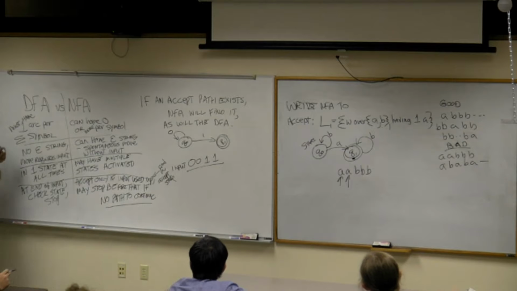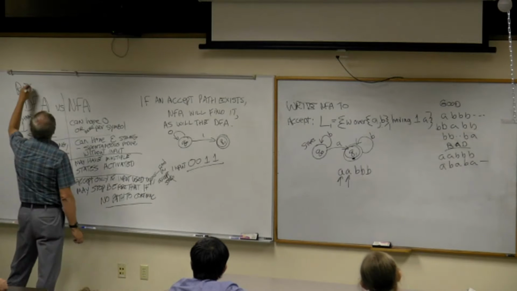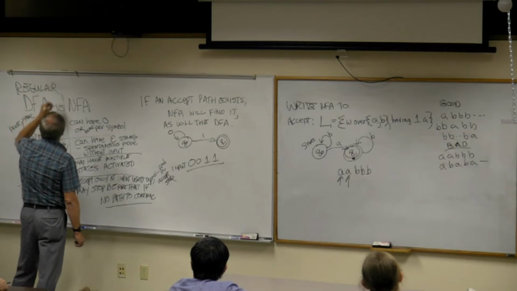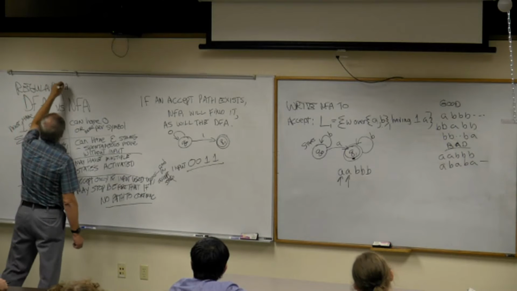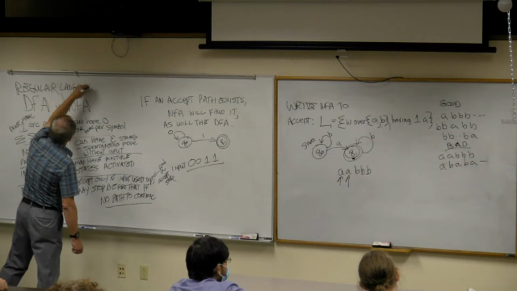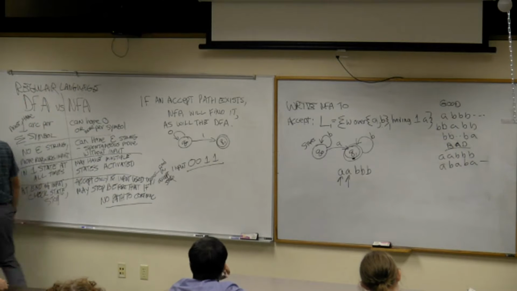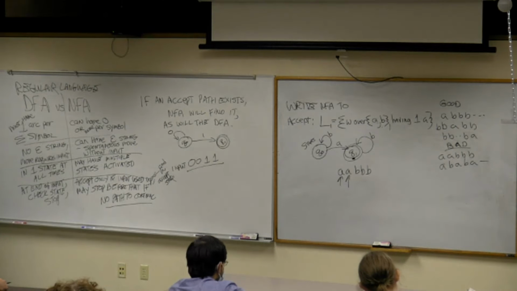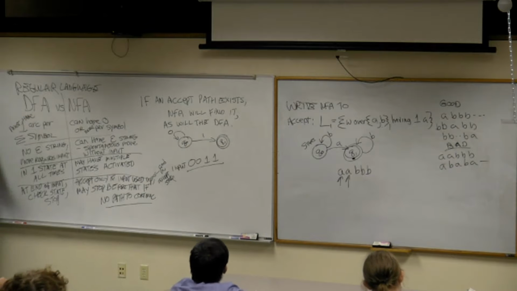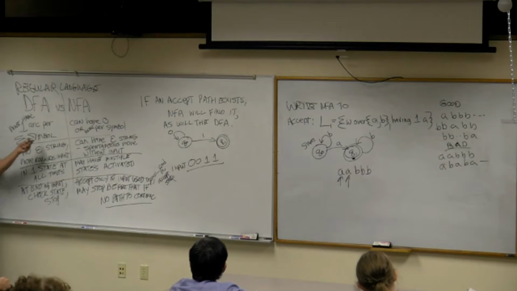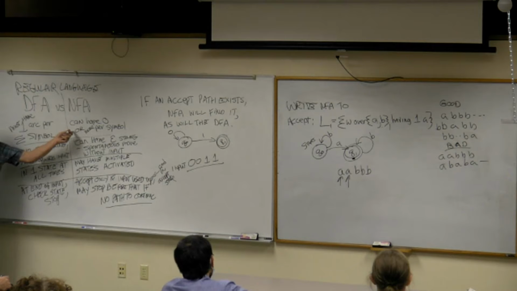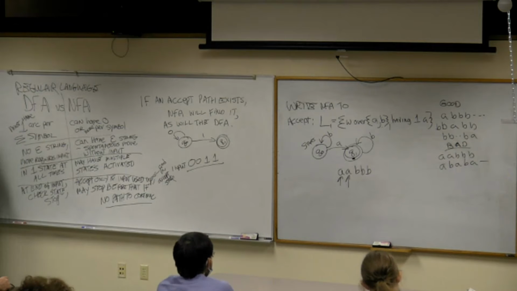When we say regular language, we mean a language that can be accepted by a DFA. Now, what about NFAs? Can they do more than a DFA? No, it turns out that a DFA is just a specialized case of the NFA that doesn't have epsilon moves, which are optional, and happens to have one arc per symbol.